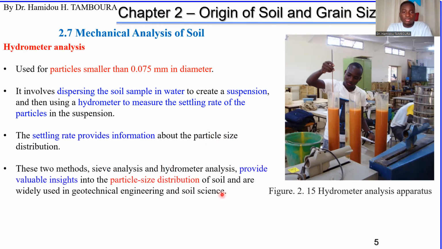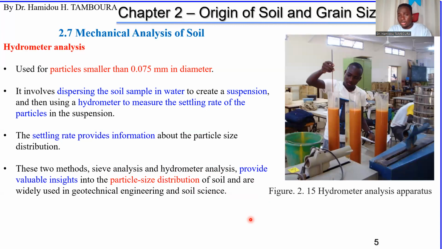Okay, so these two methods, sieve analysis and hydrometer analysis, provide us good information to make the particle size distribution of the soil.